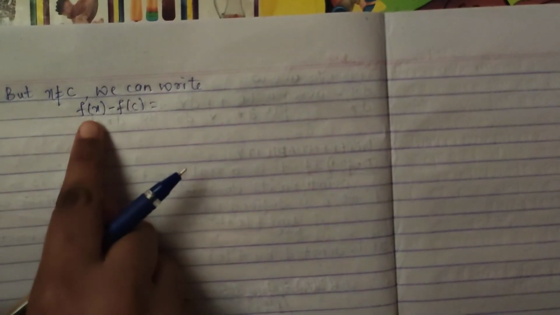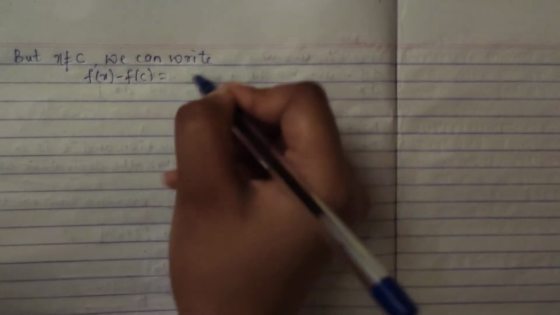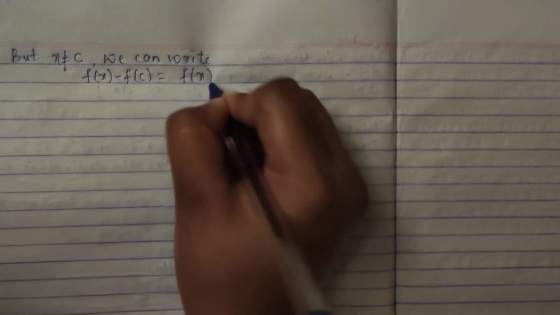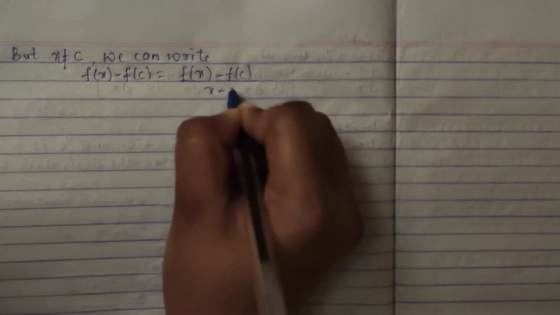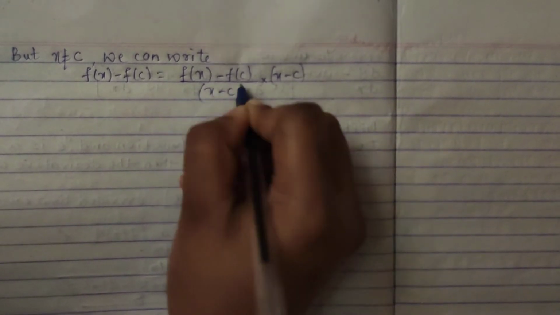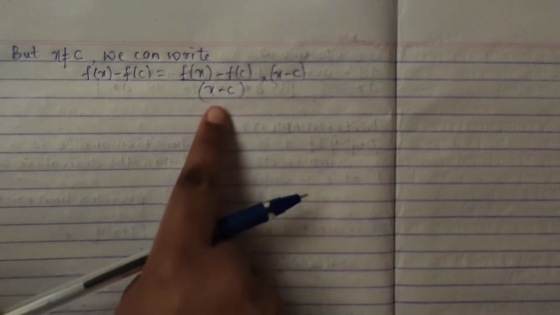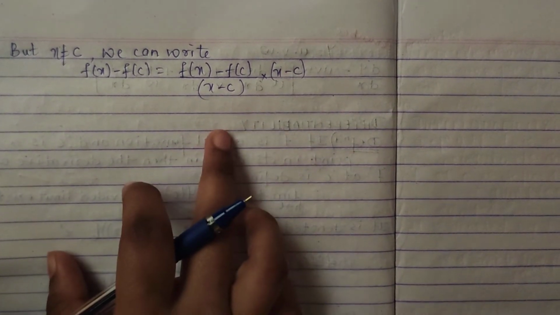This is the same term, the same function. How am I writing it? Just look at it: f of x minus f of c whole divided by x minus c, into x minus c. What am I doing here? I am just multiplying and dividing by x minus c.